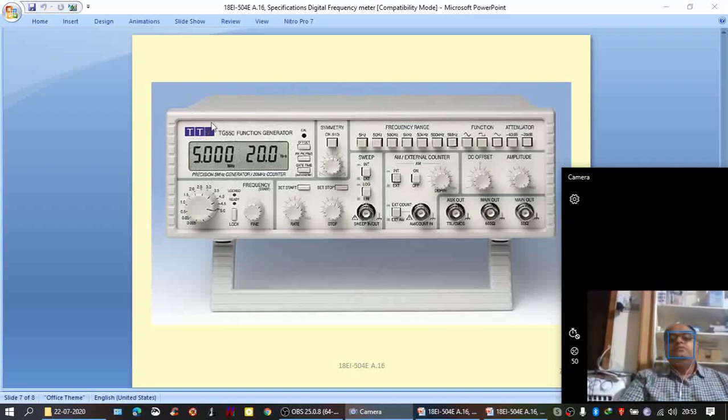The frequency display is given by this portion. And appropriate circuitry would be incorporated within the device to give the visual display of the quantity that is being generated here. Here the frequency is generated depending upon the switches we select.